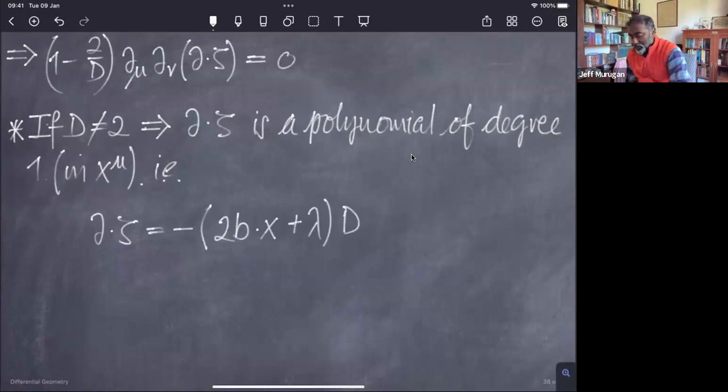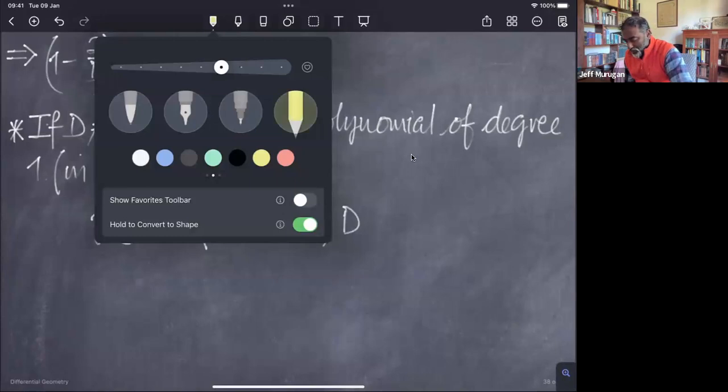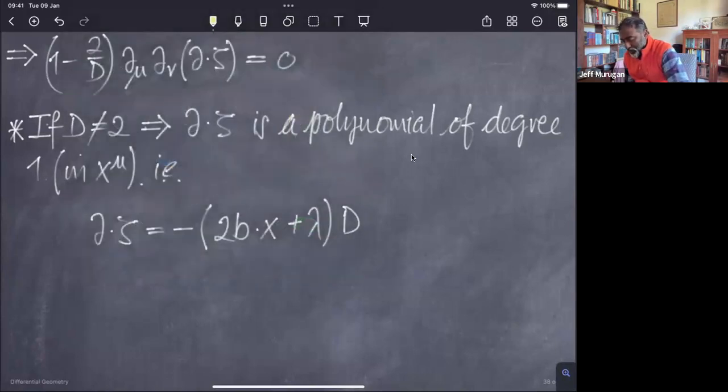Okay, so this is a slightly strange, if you look at it for the first time, way of writing what I'm calling a degree 1 polynomial. So this is why it's degree 1. It's linear in x, and this is just the coefficient of that linear part. And then this is the intercept when x equals 0.